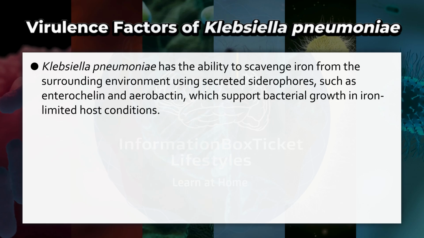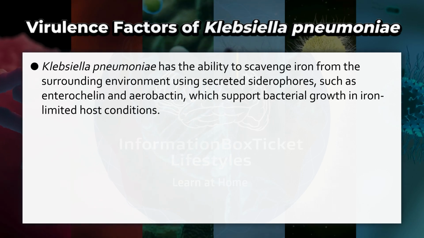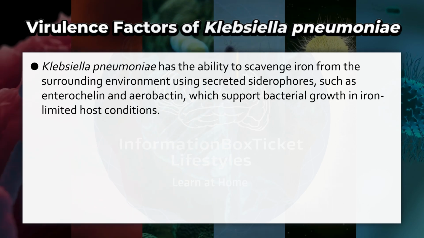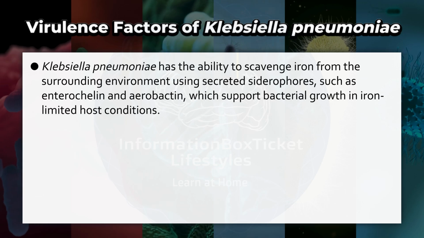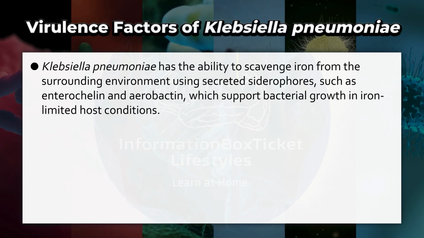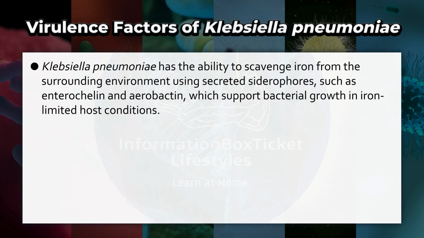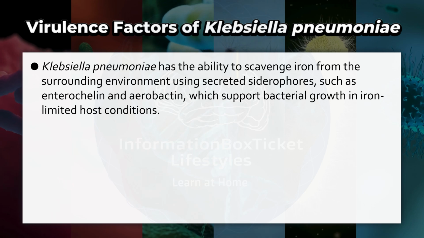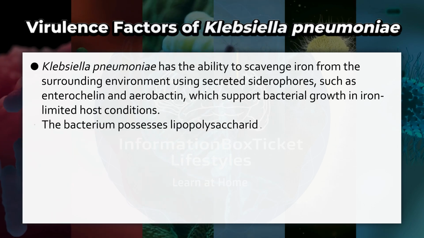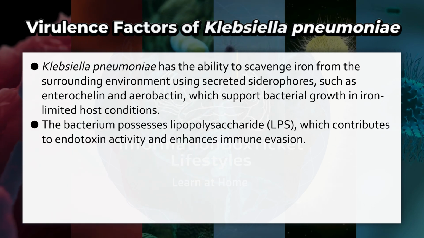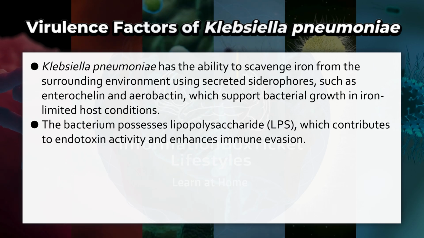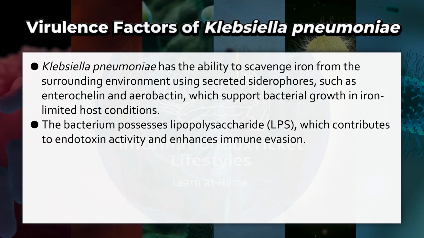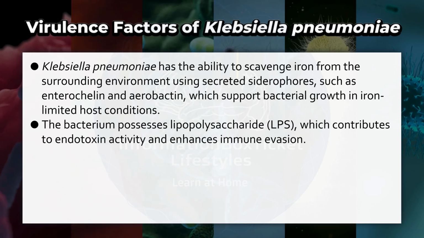Klebsiella pneumoniae has the ability to scavenge iron from the surrounding environment using secreted siderophores, such as enterochelin and aerobactin, which support bacterial growth in iron-limited host conditions. The bacterium possesses lipopolysaccharide, LPS, which contributes to endotoxin activity and enhances immune evasion.